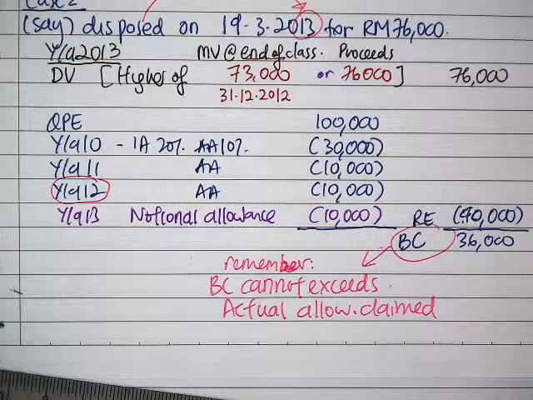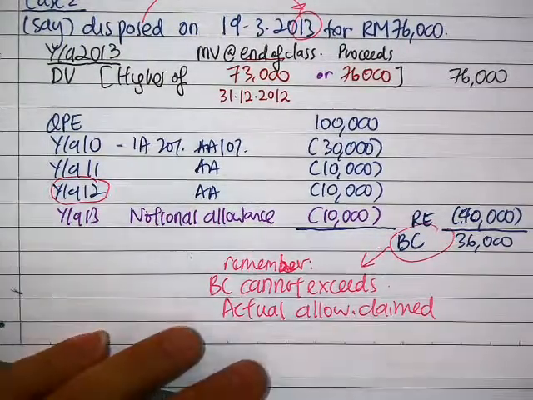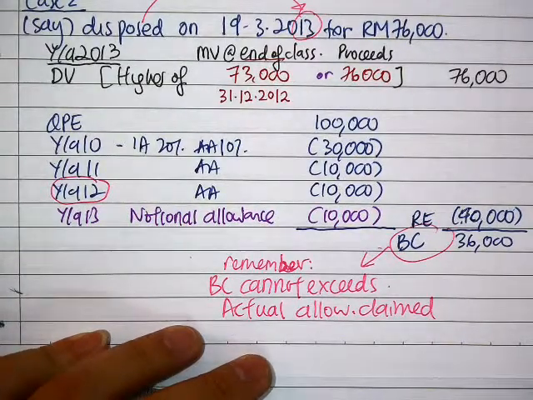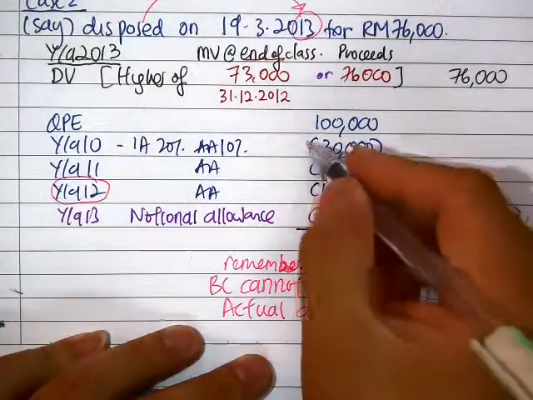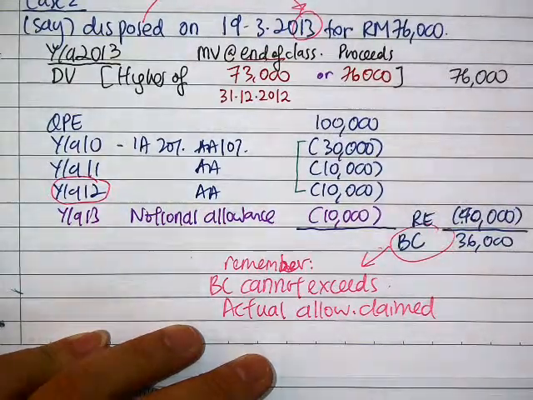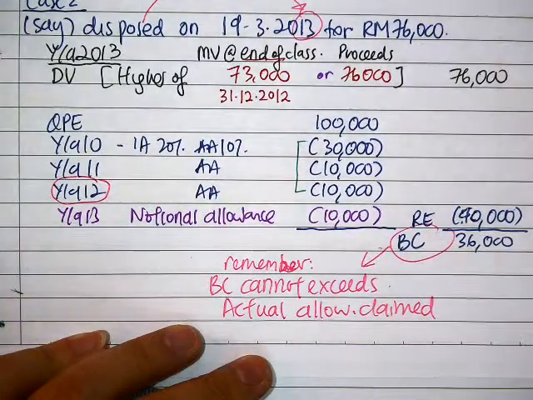Okay? BC cannot exceed actual allowances claimed. So how much have you claimed so far? Now if so far the figure is 30 plus 10 plus 10, you claimed 50,000. Now if you claimed 50,000, then the charge of 36 is no problem.